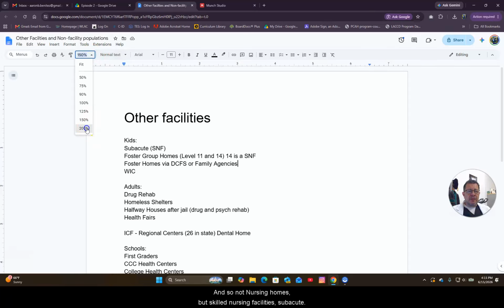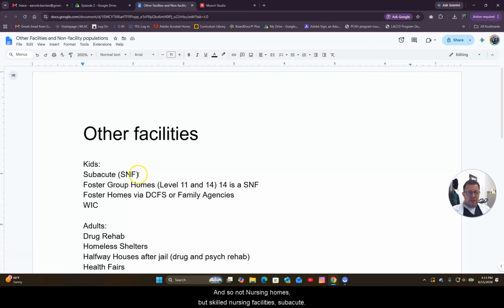And so not nursing homes, but skilled nursing facilities, subacute. So remember trach, G-tube, and so these are very difficult. These are difficult to work with. I think for the majority of people, some people can do this. And so that is definitely one type of facility that's out there.